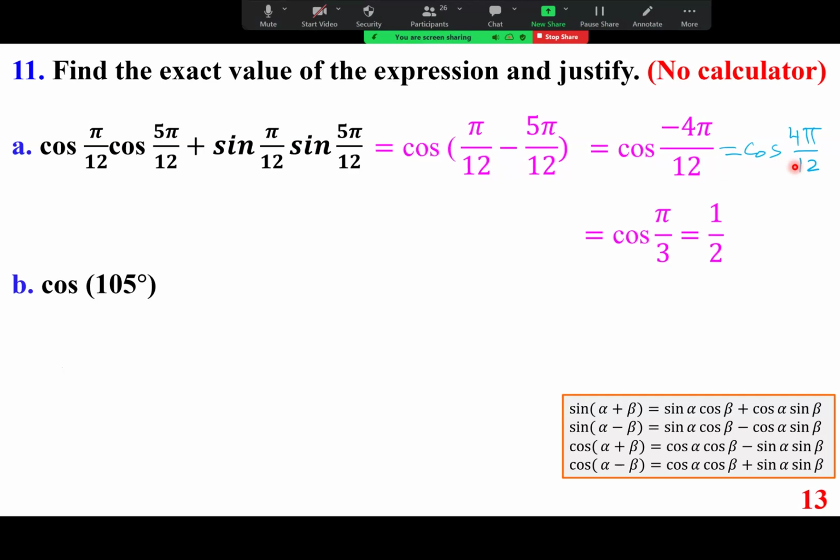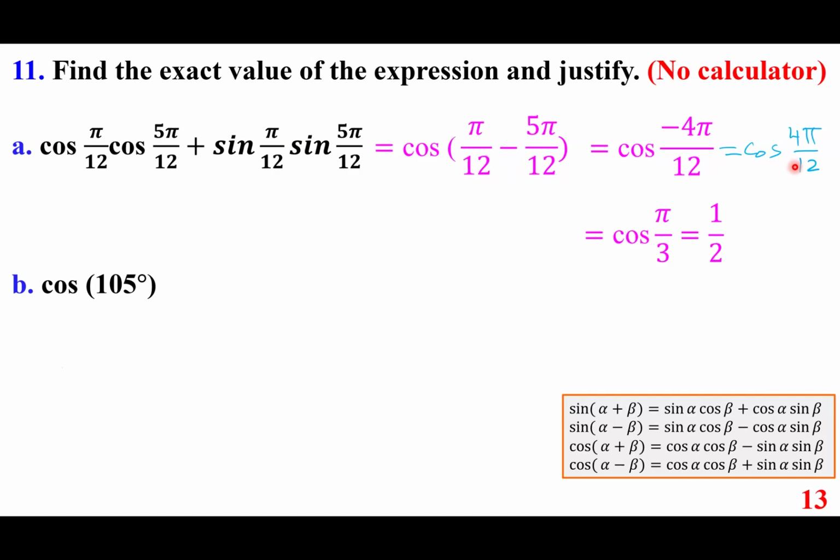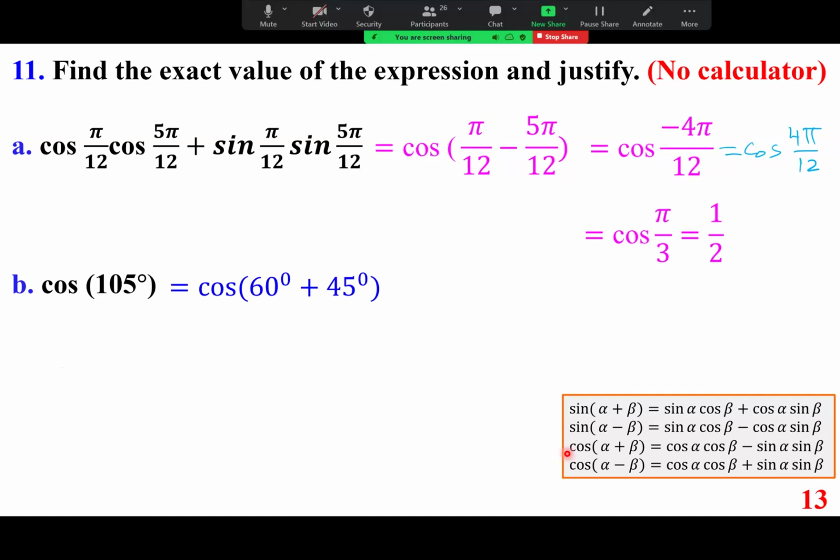Cosine of 105. Well, 105 is the sum of what? Common arcs or angles, 60 and 45. So we are going to follow cosine of alpha plus beta, which is cosine alpha cosine beta minus sine alpha sine beta: cosine of 60 cosine of 45 minus sine 60 sine of 45.